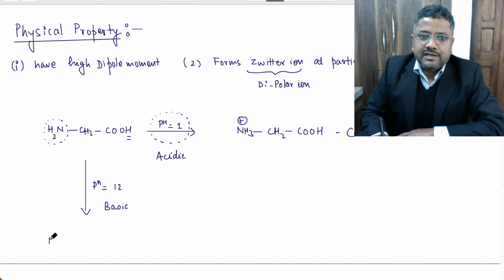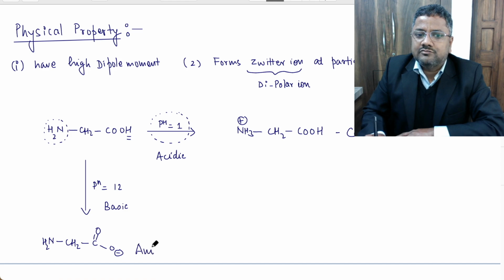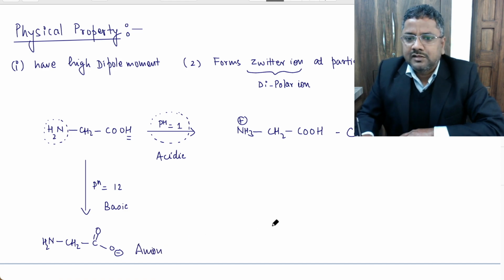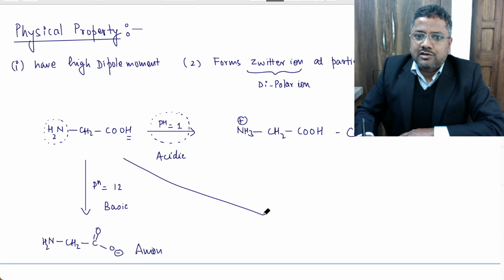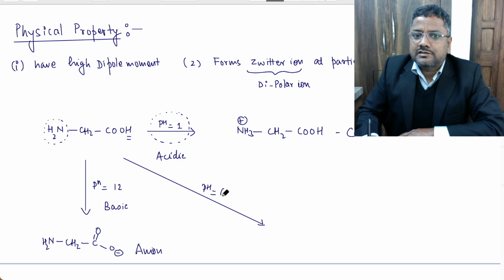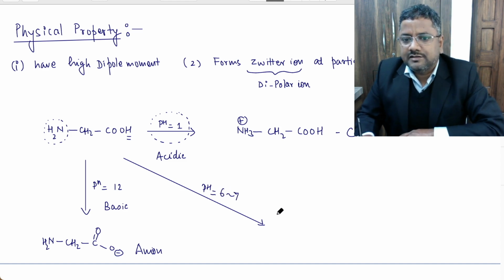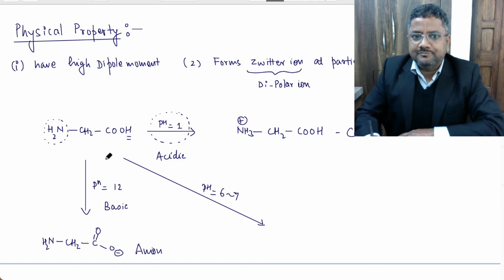So this will exist as NH2 CH2 COO minus. This will exist as an anion, not a Zwitter ion. But if you take this molecule at pH 6 to 7, then what will happen?